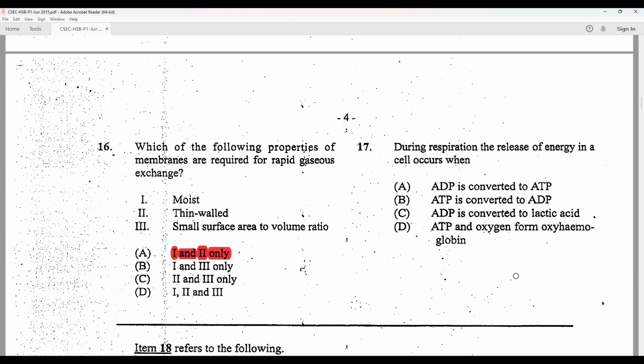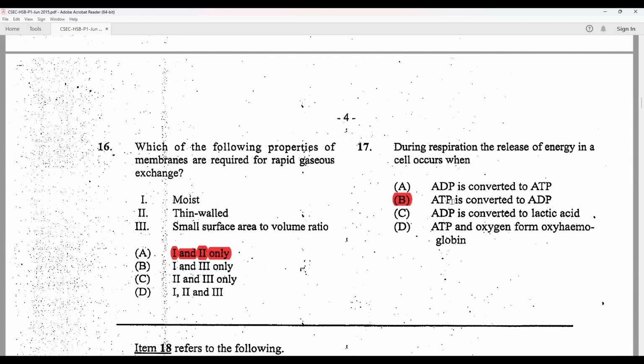During respiration, the release of energy in a cell occurs when ATP is converted to ADP. This works just like a battery. Think of it as a battery. When you put the battery into the appliance, it uses the energy from the battery. When you want to recharge the battery, you have to put back in the energy, and we know the energy is in these bonds.